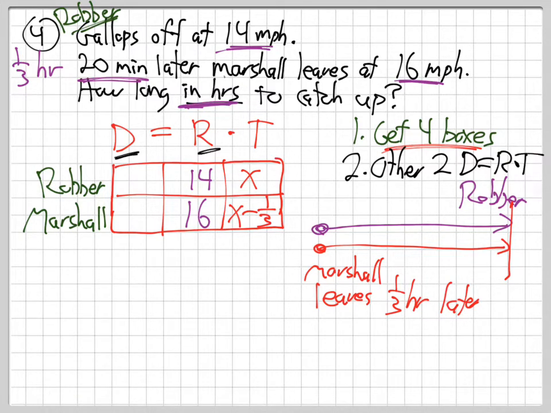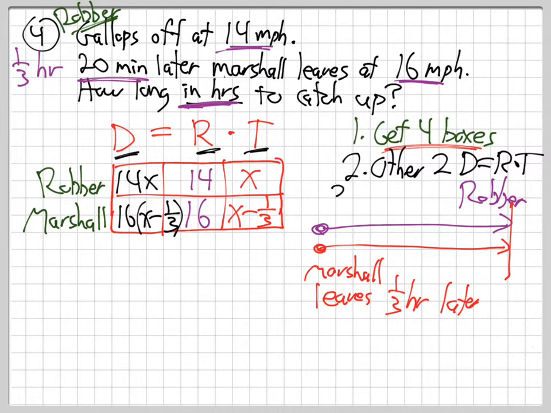Remember, D equals R times T. So this is going to be 14 times X. And this is going to be 16 times X minus 1/3. Do you see that? We good there? That makes sense.